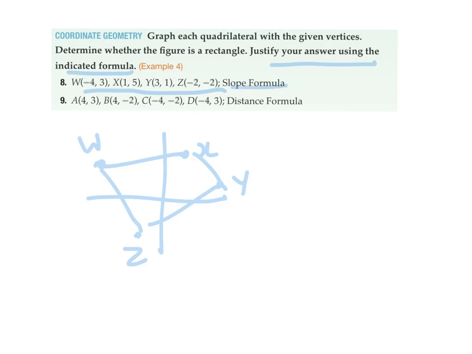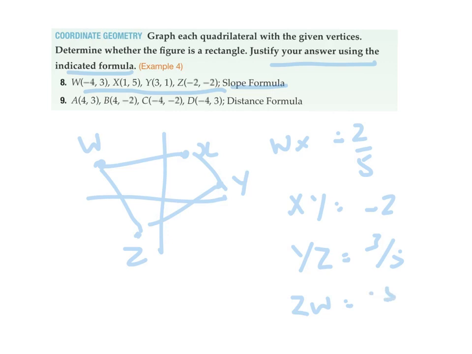It's asking you to use the slope formula. Well, if you put the slope formula in, WX is 2/5, XY is -2, YZ is 3/5, and finally ZW is -5/2.